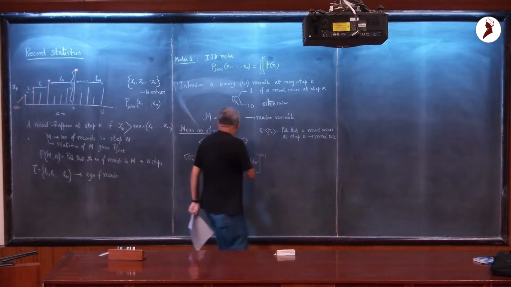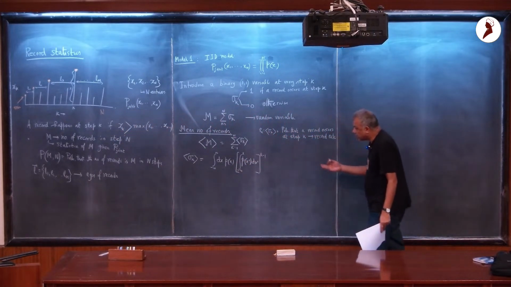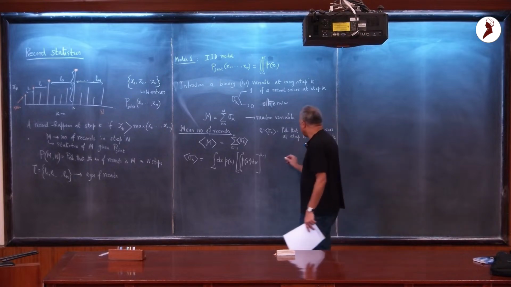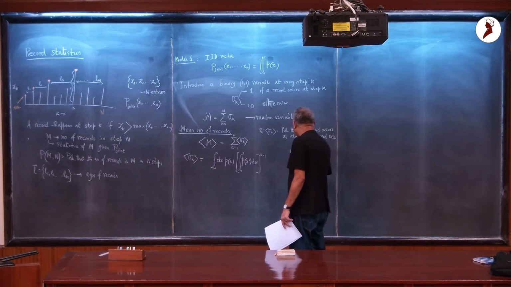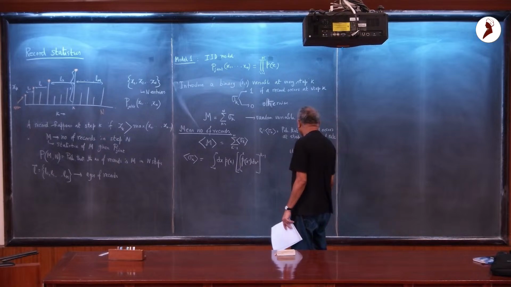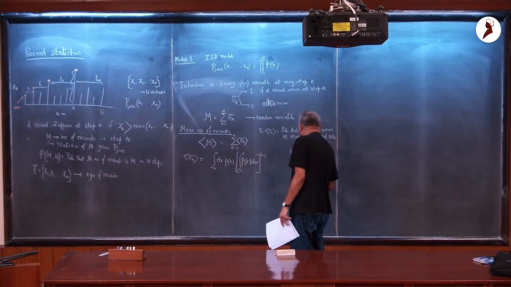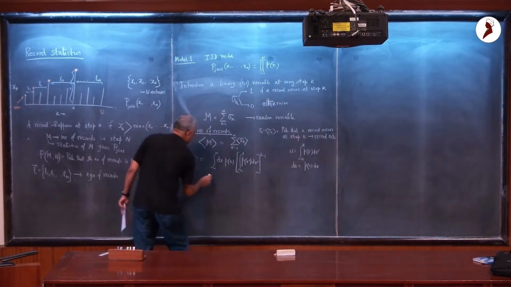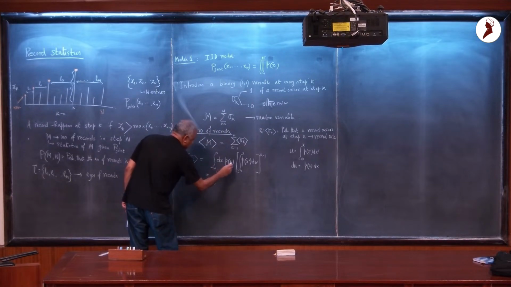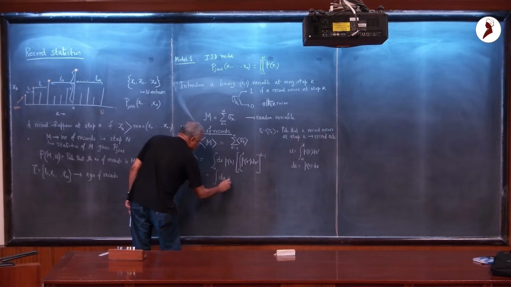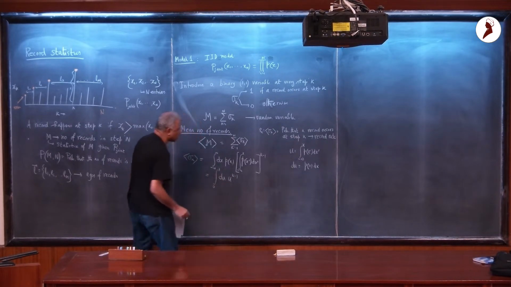Now on the face of it, it looks like it depends on p of x. But if you just make a change of variable, du equals p of x dx, and I have u to the power k minus 1, and the limits are from 0 to 1.